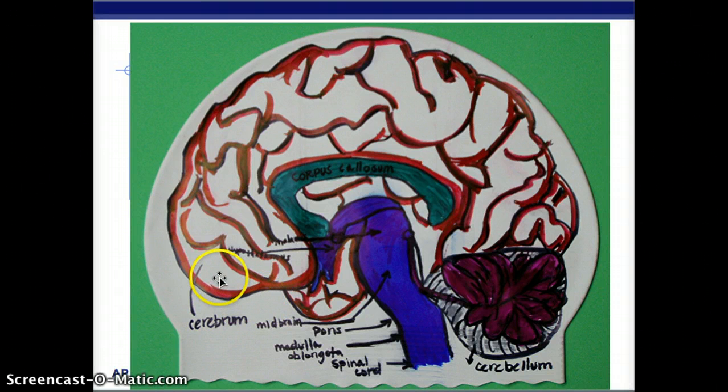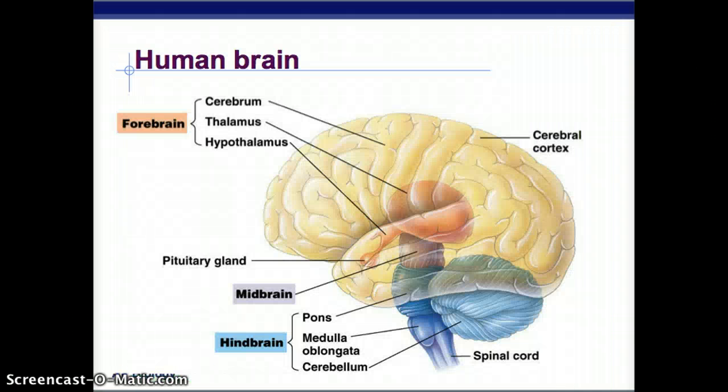If you were to put the swim cap on your head, here's your corpus callosum. This is your cerebrum, the biggest part of your brain here. Here's the midbrain, the pons, the medulla oblongata, the spinal cord, the cerebellum, the hypothalamus, the thalamus, all of that in here. So let's go back one more time.